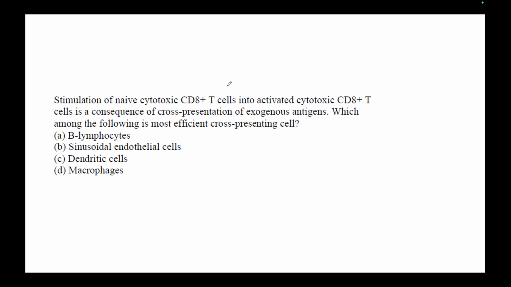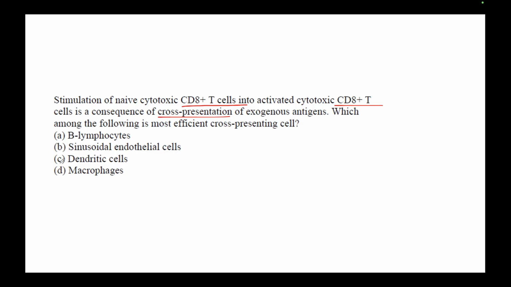Okay. So stimulation of the naive cytotoxic CD8 positive T cells into activated CD8 positive T cells is a consequence of cross presentation of exogenous antigen. Okay, cross presentation. So which among the following is the most efficient cross presenting cell?